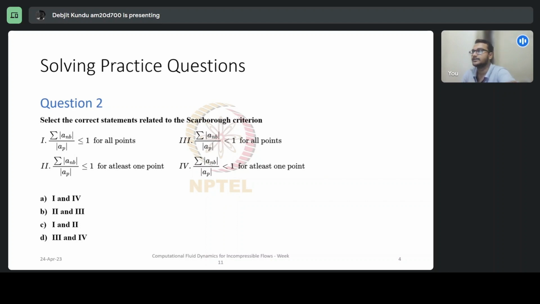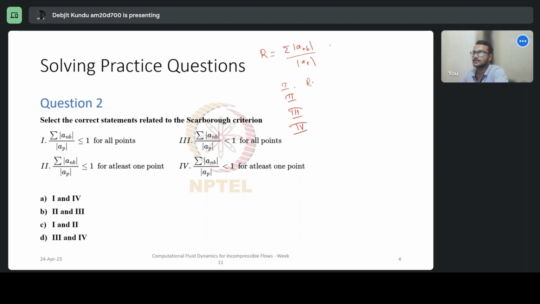If I call this particular ratio R, equal to summation over A and B over magnitude of AP, then the four statements can be written out as follows.